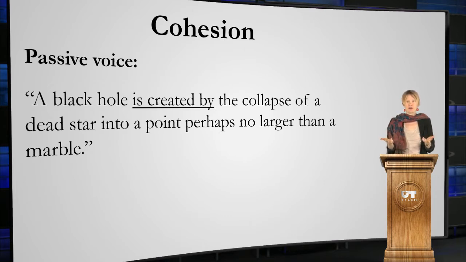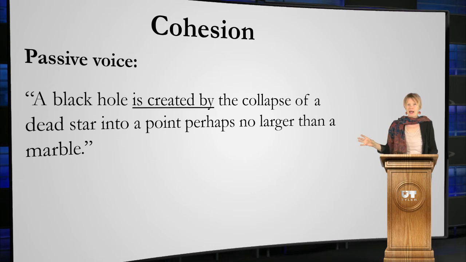If you can identify the verb, you can see that the verb is created. And then you want to ask yourself, is the thing or the person in the subject position that's before the verb, is that the thing or the person who's doing this creating? The answer is no. A black hole is not creating anything. A black hole is created by this process that's explained later in the sentence.